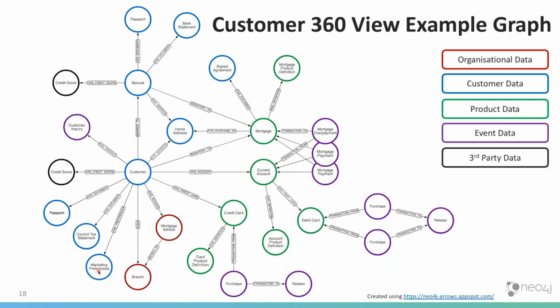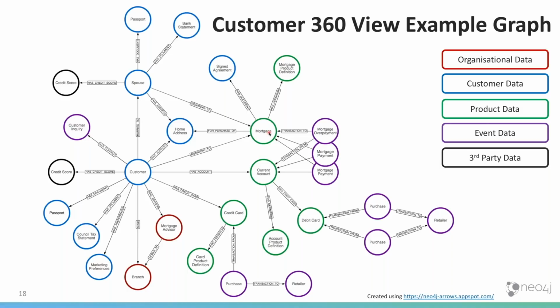You can also see the customer's marketing preferences. Maintaining this sort of information, particularly in the context of GDPR, is really important now, right? You need to know how your customer has given you permission to use their data and how you're able to market to them to remain compliant with GDPR. In black, we have some credit score information that would have been retrieved during their mortgage application.